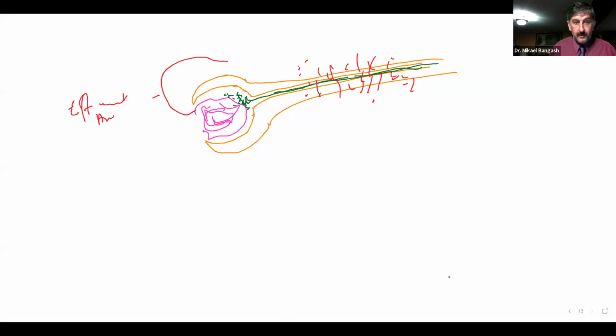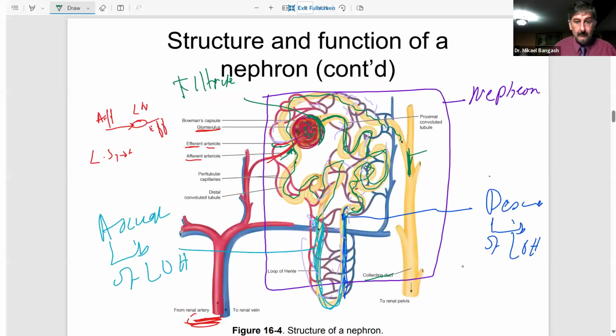Unless that is the case, you most likely want to still retain that sugar, or get that sugar back. So that's what may happen at your peritubular capillaries, or in your tubular system.